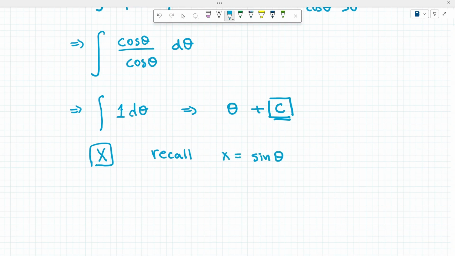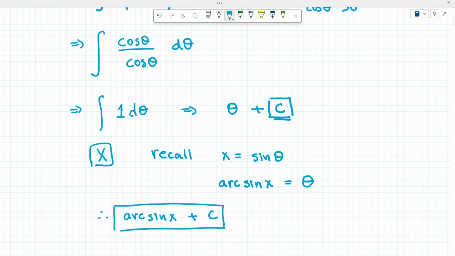This was our initial substitution. So how can we rearrange this? Well, we know that arc sine of x is going to be equal to theta. So there we go. That means that the final answer equals arc sine of x plus c.